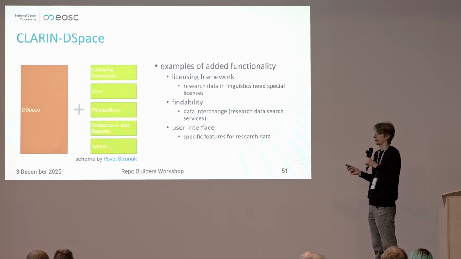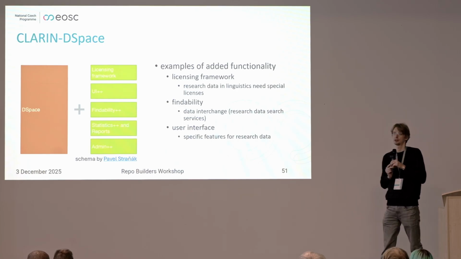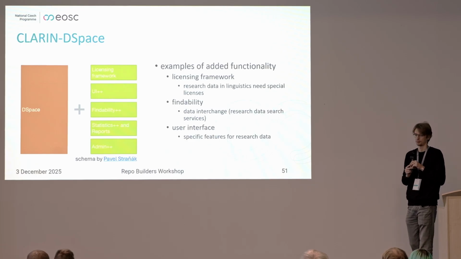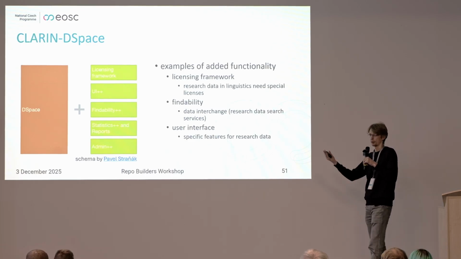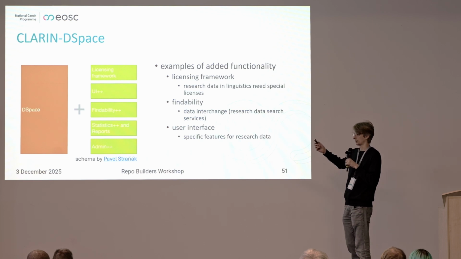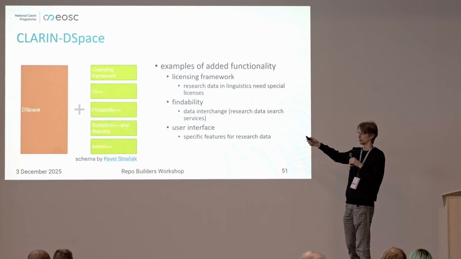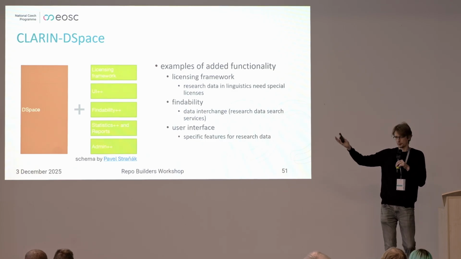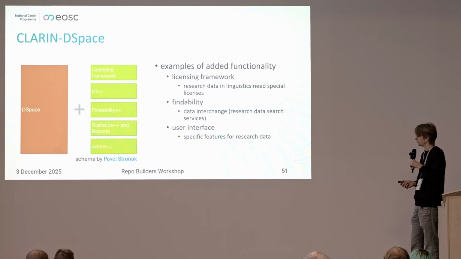They worked on findability. This is something that they think is really important. It allows other services to gather metadata from the repository and put them somewhere on the internet. So you can think about it as putting it on Google, putting it on Web of Science data part and stuff like that. And then they did some other things as well.